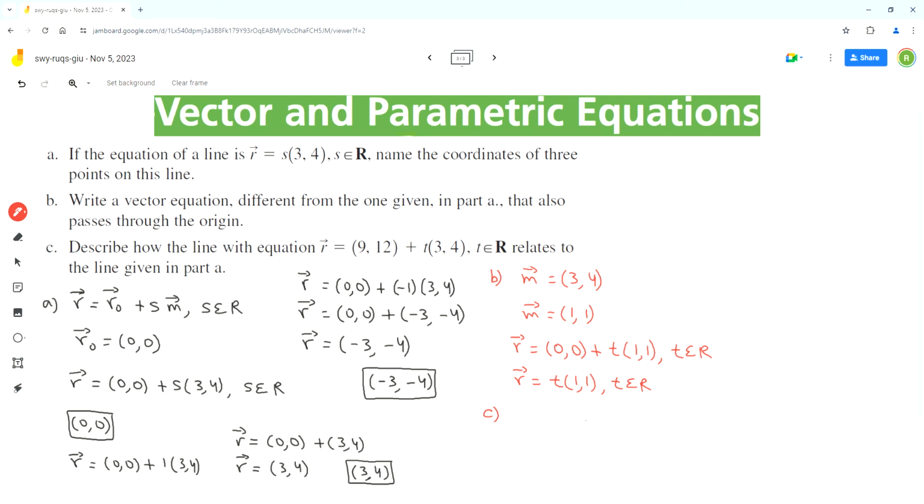So for that, we should check if the point that lies on the given line in part A lies on the line given in part C. So we know that point 0, 0 or the origin lies on the line given in part A. So we should check if this point lies on the line given in part C. So for that, we can write the equation in part C in parametric form. So that will be.